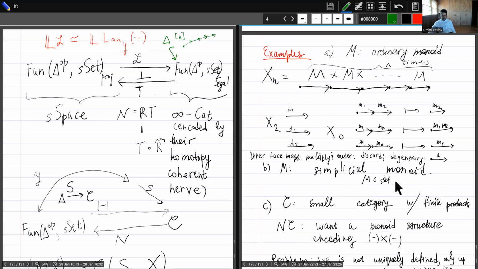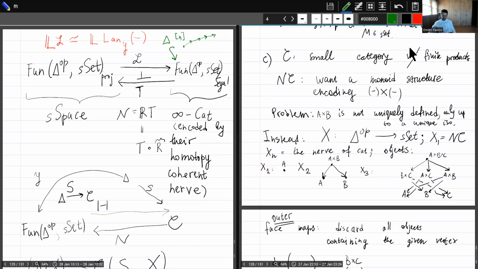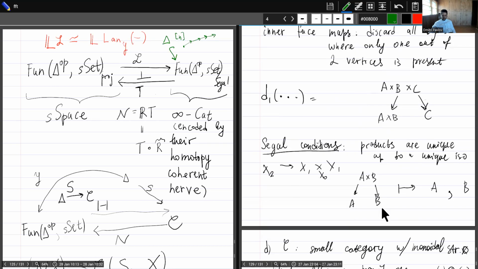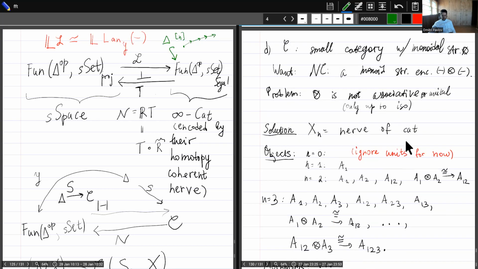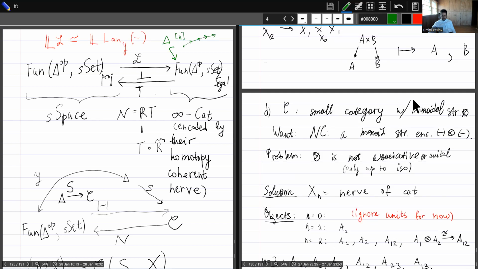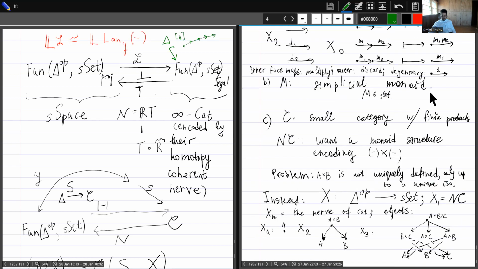We will then examine a whole bunch of examples, including ordinary monoids, simplicial monoids, and even more difficult ones, like how to encode various homotopy coherent monoidal structures using this formalism of Segal spaces. This is not an entirely trivial construction. So that's what you can expect next time.